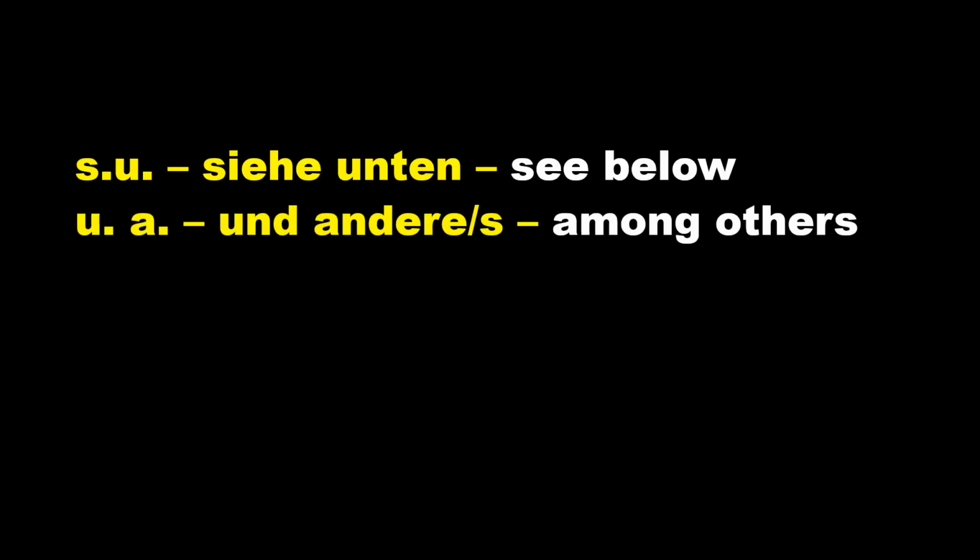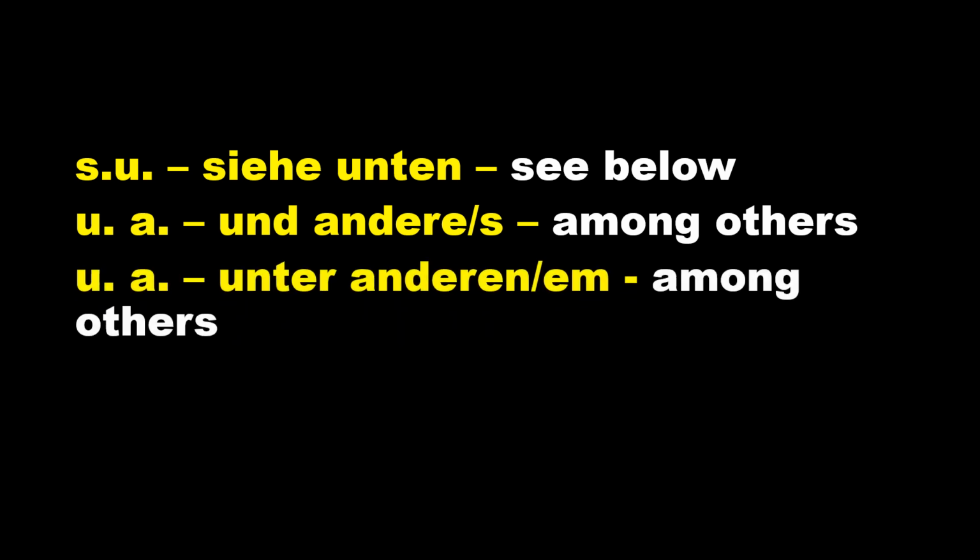Here we are having our next list. Here on the screen you can see SU, which stands for siehe unten. In English, see below. Next one is UA, which stands for und andere, oder und anderes, depending on the noun which is coming afterwards. Among others.